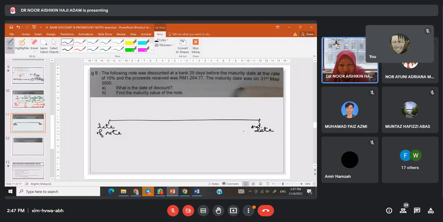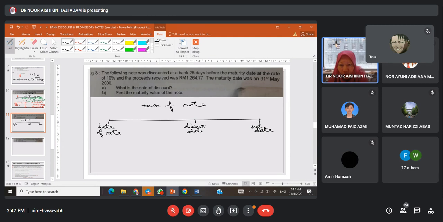So, if the note is discounted 25 days before the maturity date, it will be somewhere here. And that is discount date. Okay. Term of note tadi saya kata dari mana ke mana?